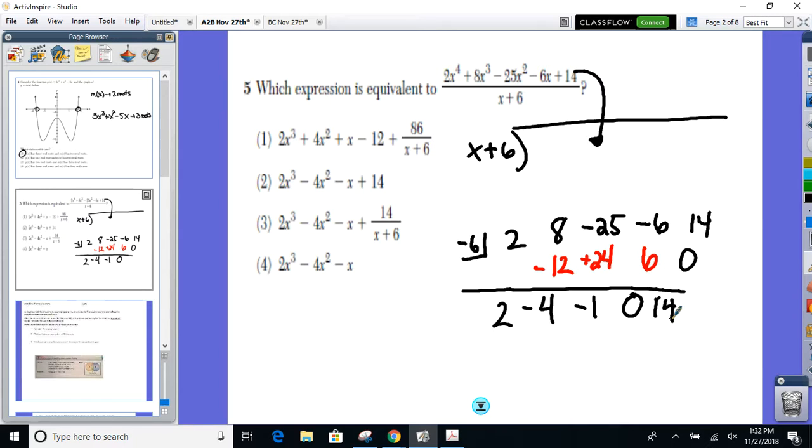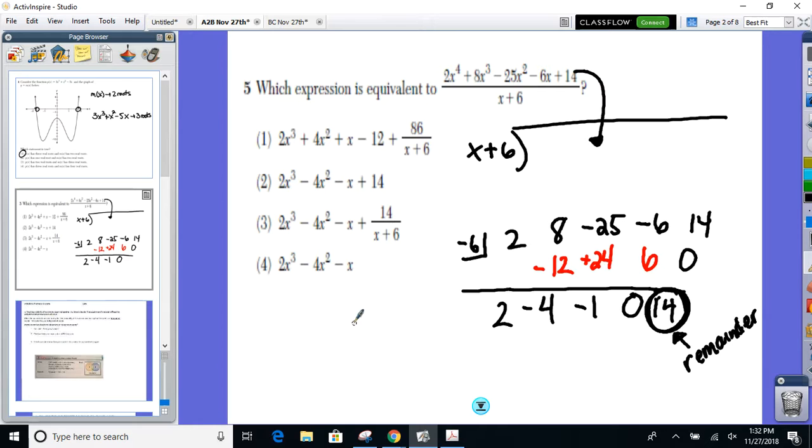So which choice here do I pick? First thing, let's go over the last number. When you synthetically divide, anybody know what that last number is? Remainder. Yeah, that is the remainder. How do you write the remainder? 14.